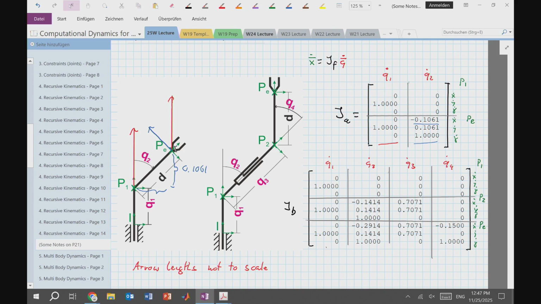But we have to be very careful with both of these rationales because we can potentially run into singular configurations. So next question: can this robot run into a singular configuration where it cannot move in 2 directions anymore?